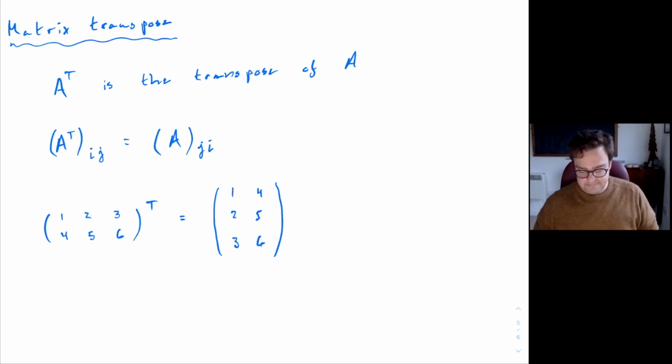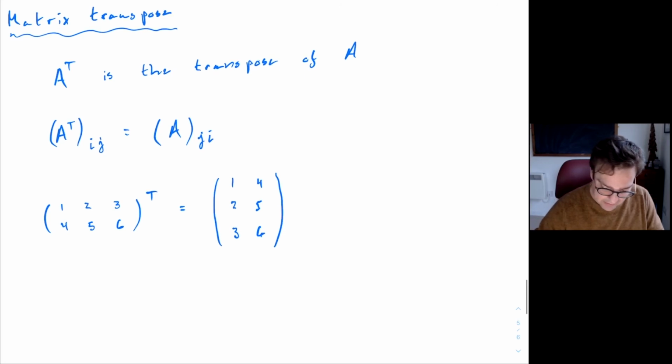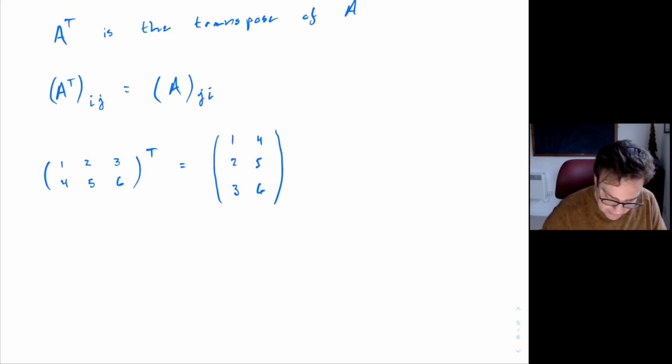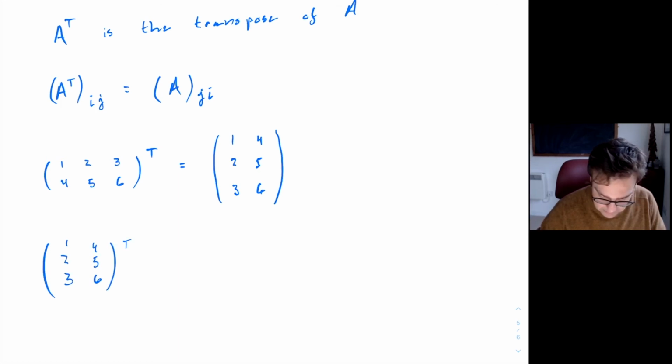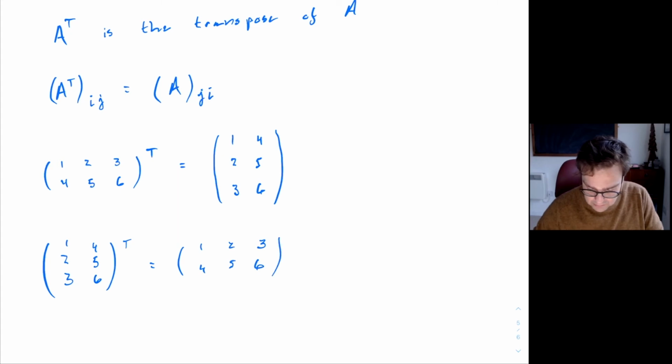And if you, of course, transpose that again, you get back to the same thing. You should be able to see that. Column 1 becomes row 1, and column 2 becomes row 2. So transposing a matrix twice gives you back the original matrix.